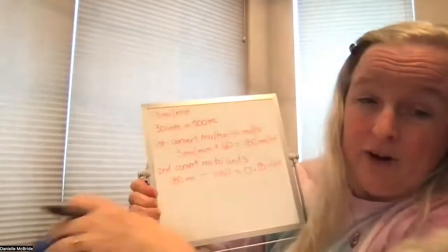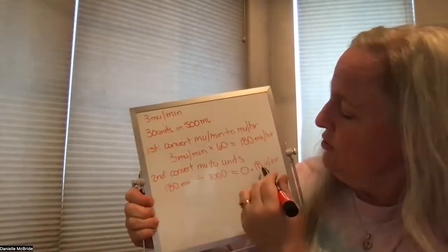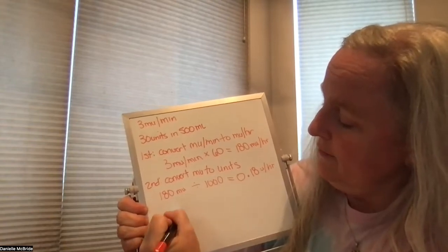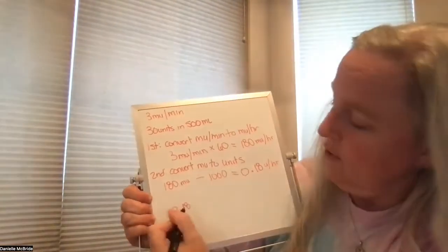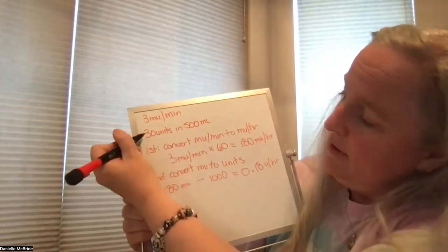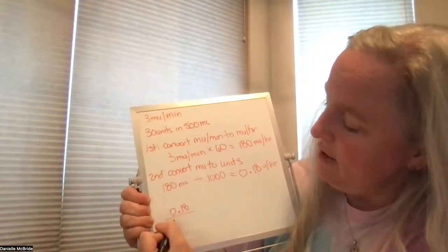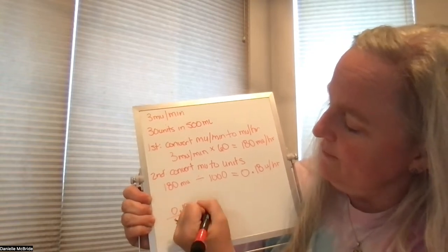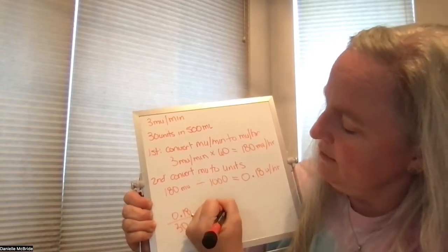Now I can do 1/2 times volume. So what I want is 0.18. What I have is 30 units in 500. So I can say 30 times my volume, which is 500.